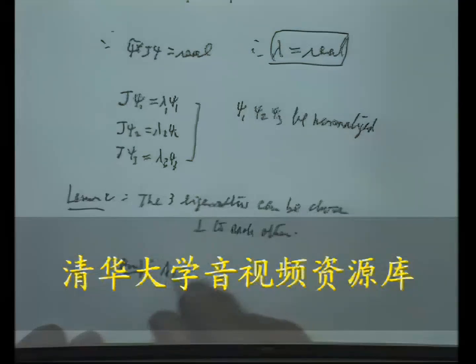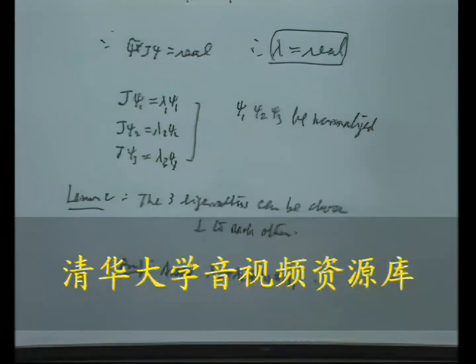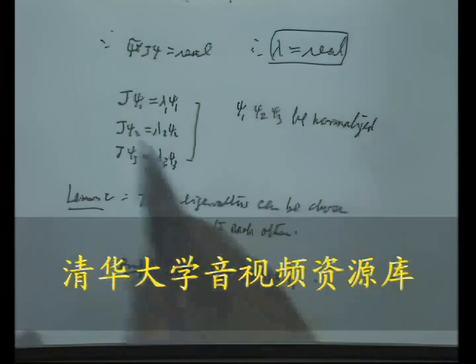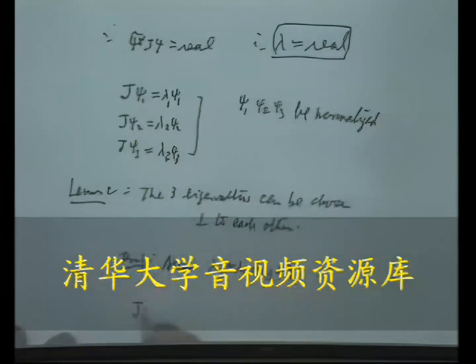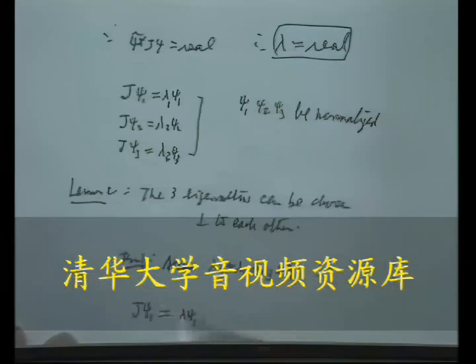Assume lambda 1 not equal to lambda 2, not equal to lambda 3, not equal to lambda 1. In that case, let us take J psi 1 is equal to lambda 1 psi 1.